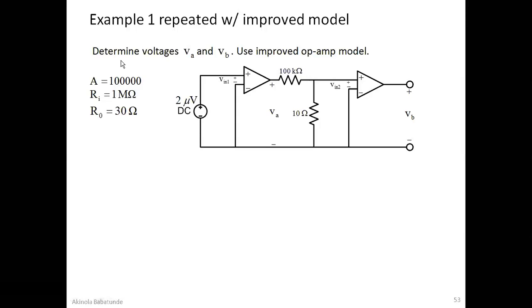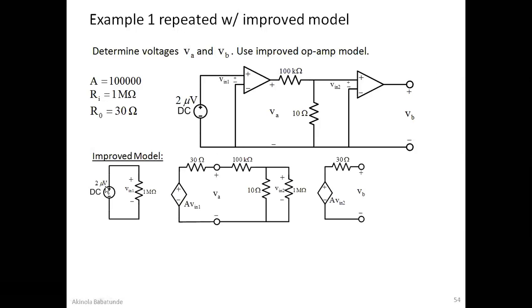Determine the voltages VA and VB using the improved op amp model. Our A is 100,000. This time our Ri, like we said, is going to be 1 mega ohm, and then Ro is going to be 30 ohms. These are standards. So to redraw this particular circuit, this is what you're going to have. This is the improved model, like I explained in the previous slide.